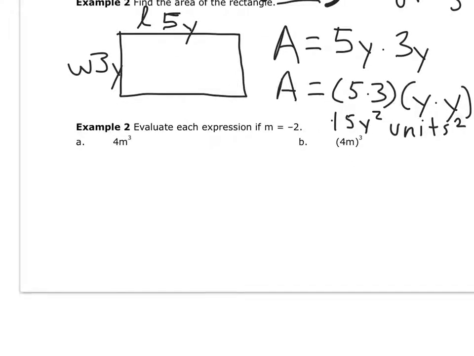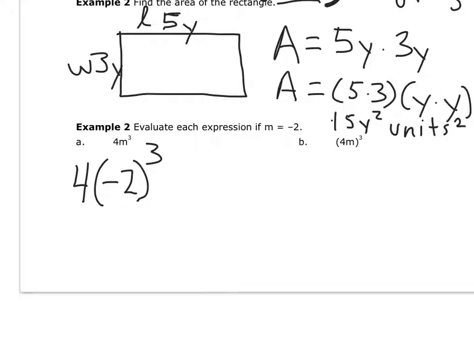The next example here, it says evaluate the expression if m is -2. In class, we talked about how it's important to use parentheses when you substitute, especially when the value of your variable is negative. So in this one, I'm going to have 4 times, I'm going to substitute that -2 in, and then it is cubed.